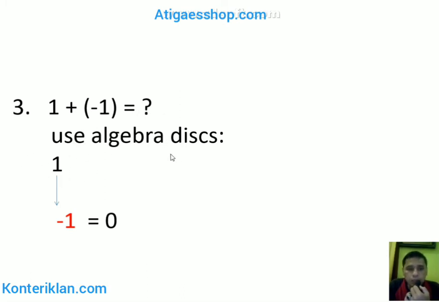We use algebra tiles. Since 1 is positive, we put 1 positive, plus negative 1, one time, and cross out the positive with the negative 1, which equals 0. So 1 plus negative 1 equals 0.